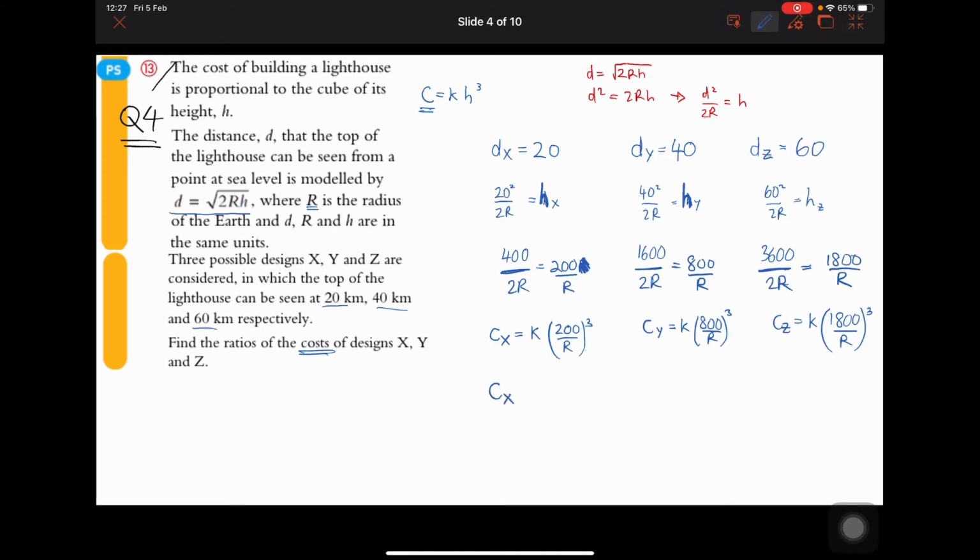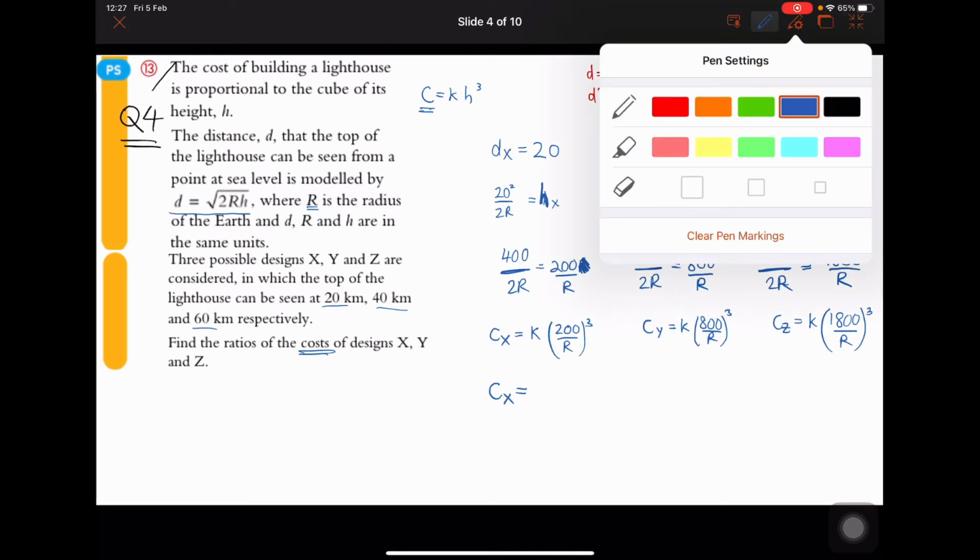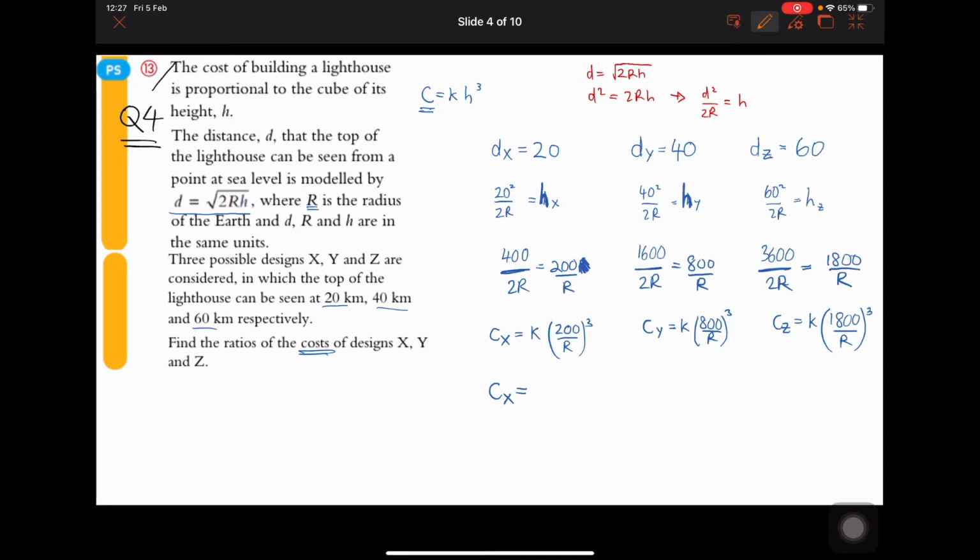Okay, I am aware that they're all going to have k over r cubed, so we don't need to work with that k over r cubed, so I'll just rewrite it using a new constant. I'll call it p, just for the sake of it. P multiplied by 200 cubed, so 200 cubed is 8,000,000.